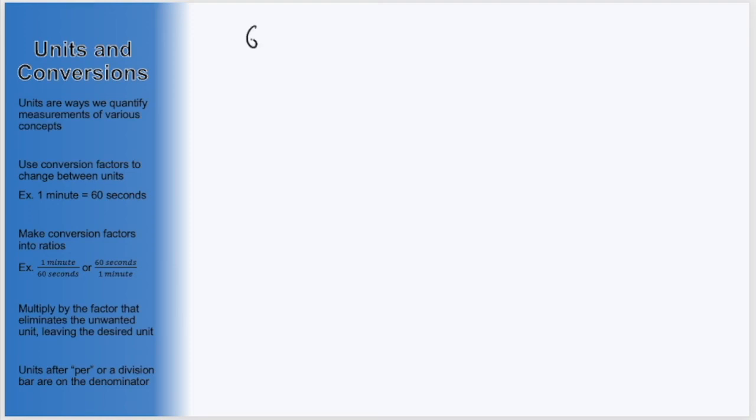For example, 65 miles per hour. If we were wanting to convert this, we would need to start out with a fraction, 65 miles, on top, but then because of the per hour, when we do our fraction over 1, the units of hours are now on the denominator. 65 miles per every 1 hour.